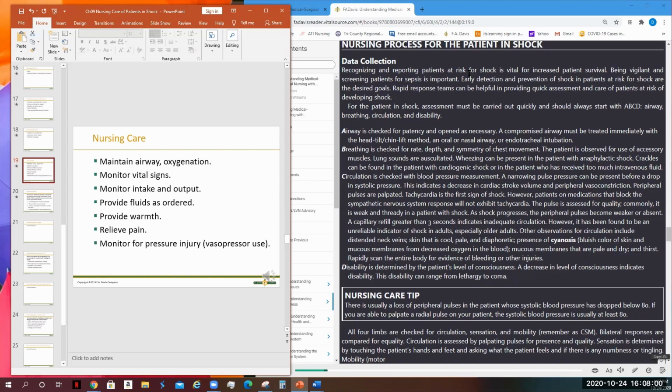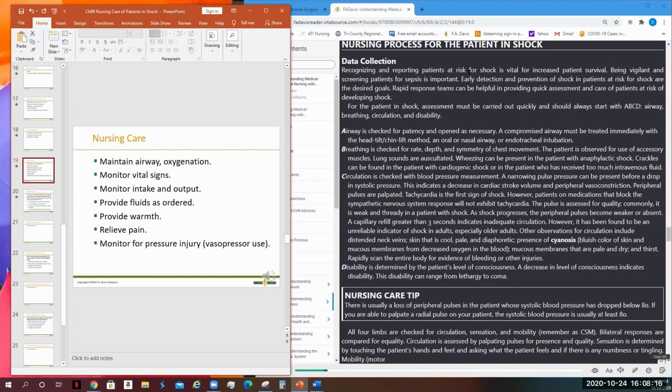A capillary refill greater than 3 seconds indicates inadequate circulation. However, it has been found to be an unreliable indicator of shock in adults, especially older adults.